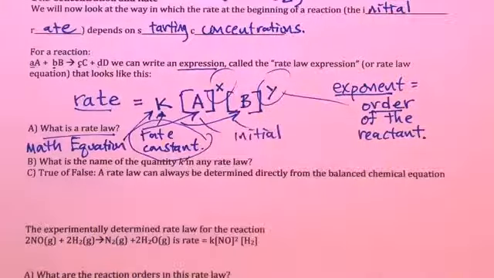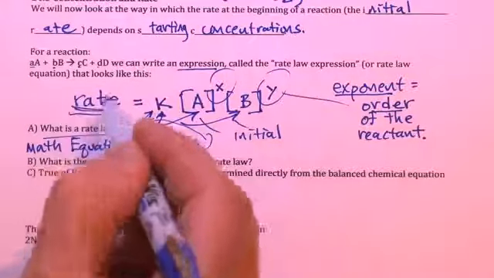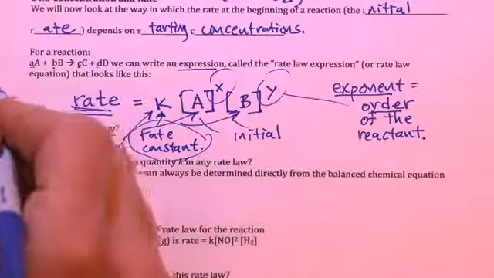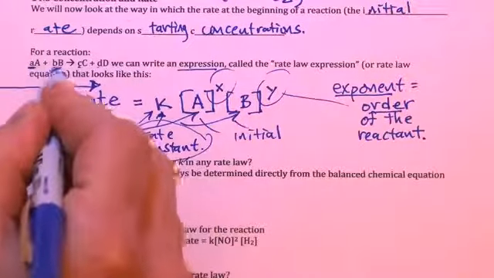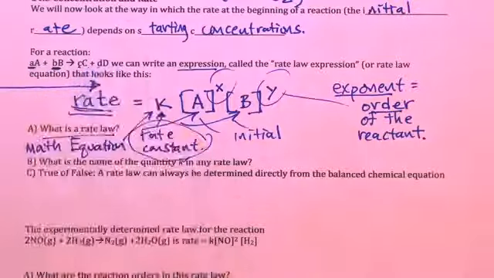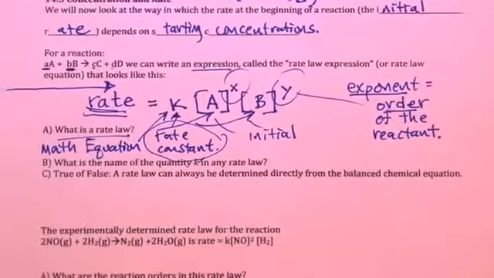Notice it's a lowercase letter k. We'll actually talk about an uppercase letter K in chapter 15, so it's very important to keep it straight in your mind that the lowercase letter k is for the rate. And the rate expression like this is always written for the reaction going from left to right, from A plus B goes to some products.